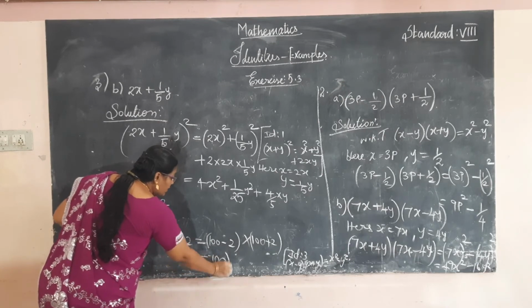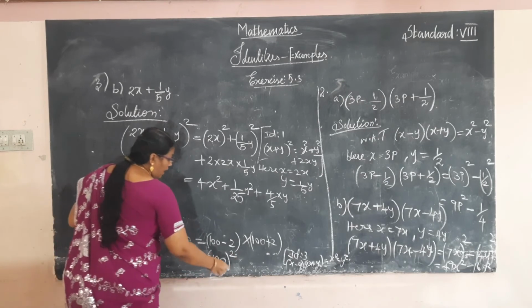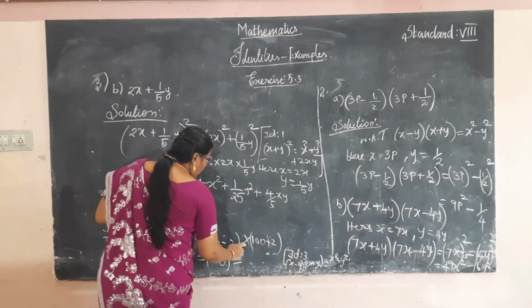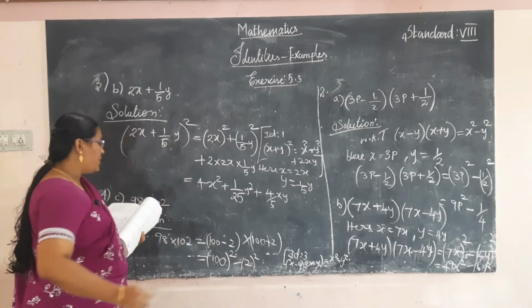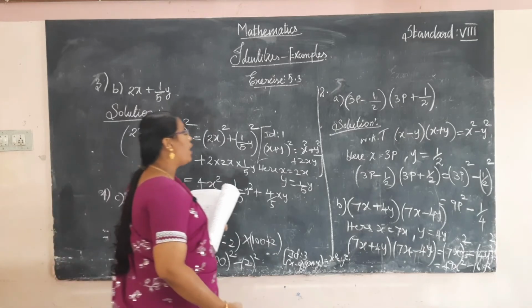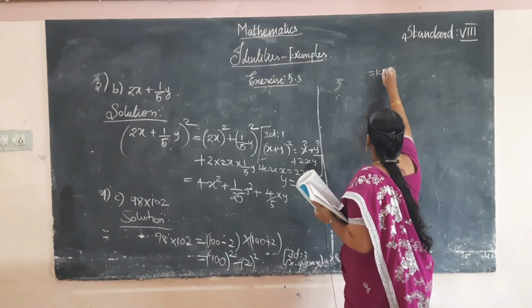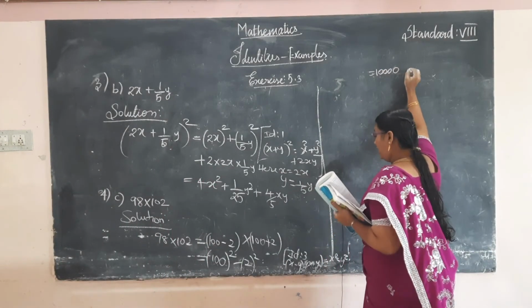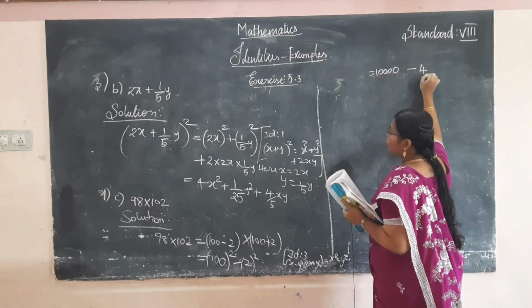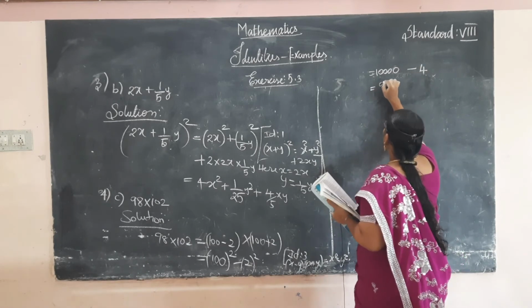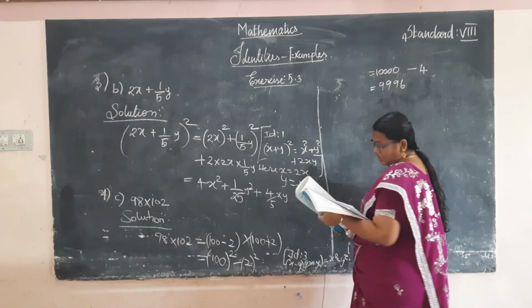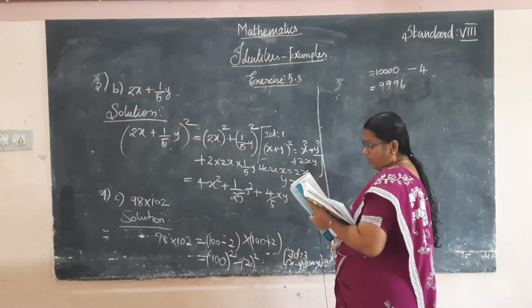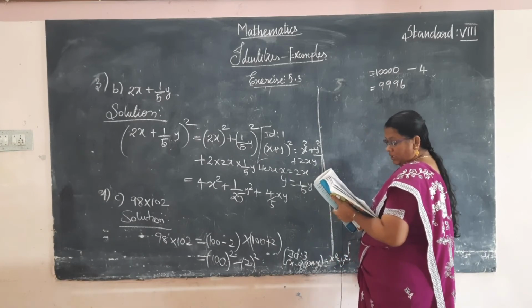So 100 square minus y squared value is 2 square. Now expand. 100 squared is 10,000, minus 4, 2 square value is 4. So 9,996 is the answer for this problem. Okay, and now move to the next one.